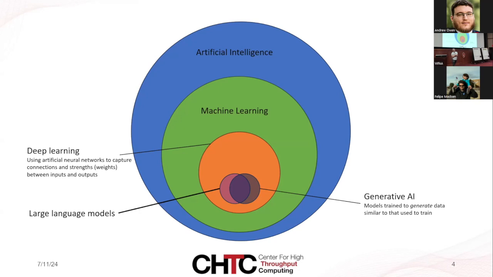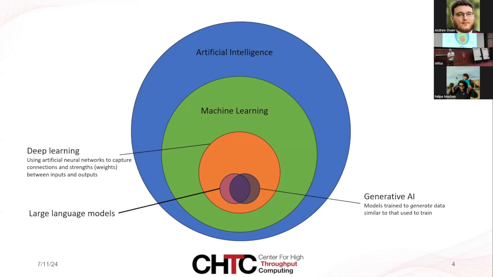Under that, you have large language models, which are artificial neural networks designed to capture statistical connections and nuance of language. And then that one overlaps with something called generative AI, which is the models trained to produce data that looks a lot like input data. And then you have this intersection down at the bottom, and that's where your OpenAI, your ChatGPT, your Copilot lives, deep, deep down.